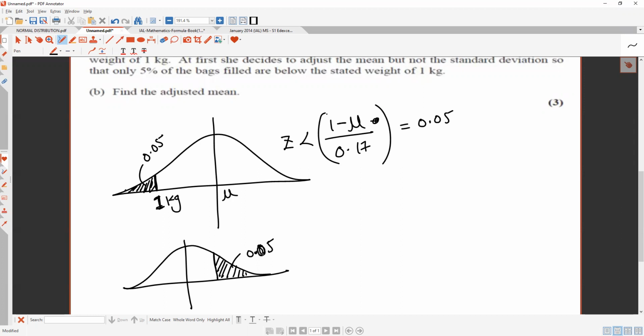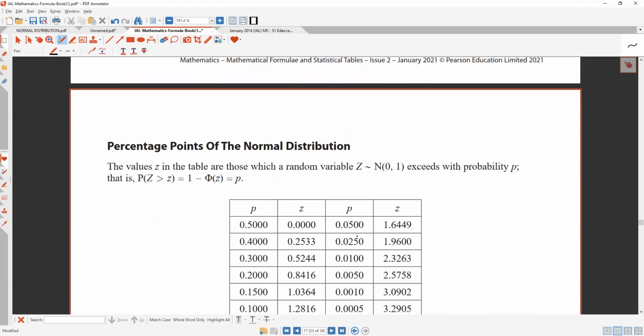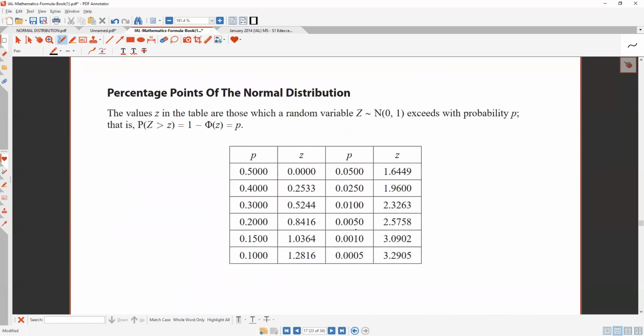Whenever you get such values like 0.01, 0.05 in the greater than case, you always look for the greater than table. There is a very small table, and there is probability 0.05. Do you have 0.05 probability? Yes, you do. And for 0.05, what's your small z value? 1.6449.